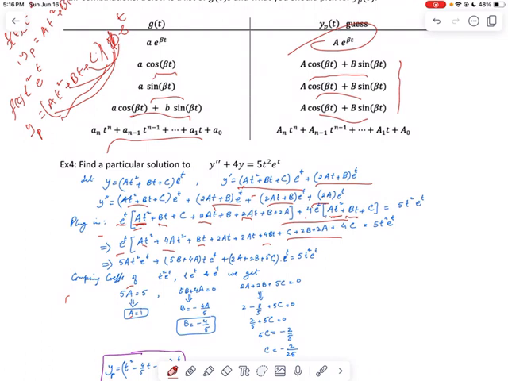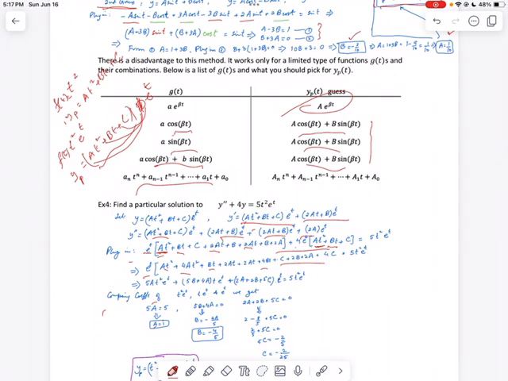If you get an inconsistent system of equations, it means your guess is not correct, or you are picking a wrong function to use this undetermined coefficients method, because this method is restricted to the types of functions that are given in this list.